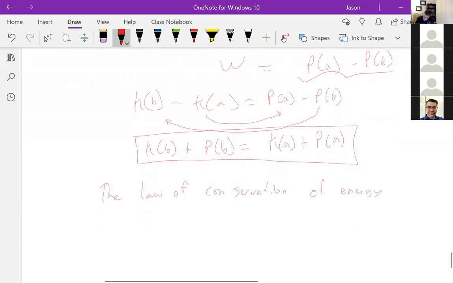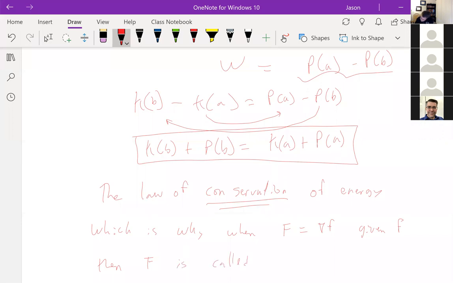Which is why when we say F equals the gradient of little f, given little f exists, then big F is called conservative.